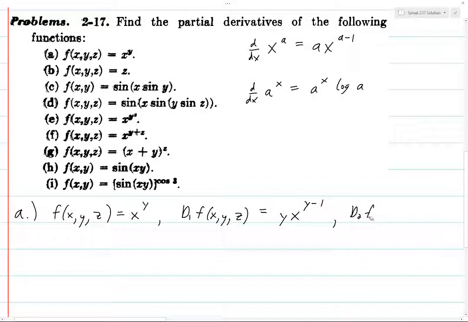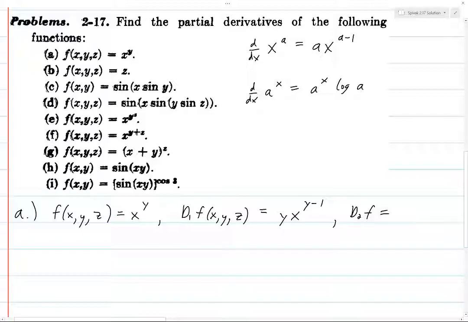Just to condense my notation, I'm not going to write the x, y, z in parentheses here, because you can assume that it needs to be there. Just pretend that I've taken the extra time to write it out.